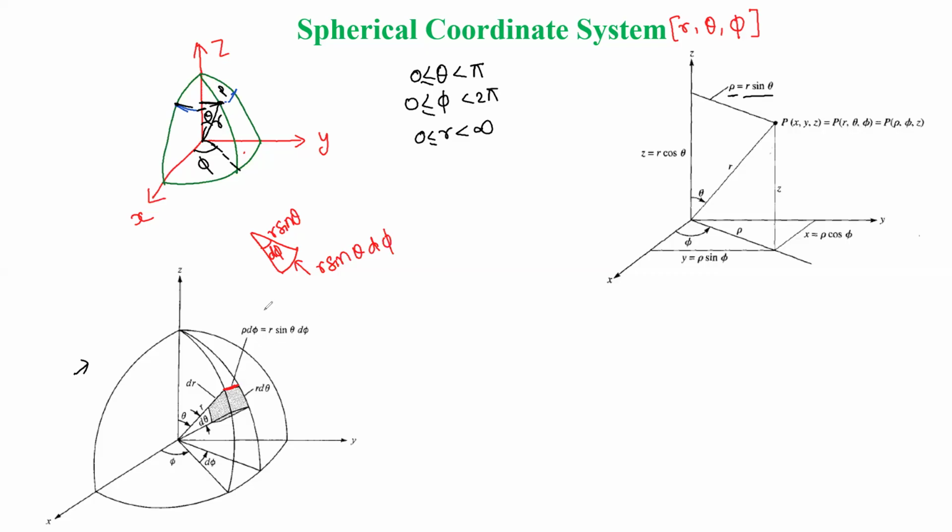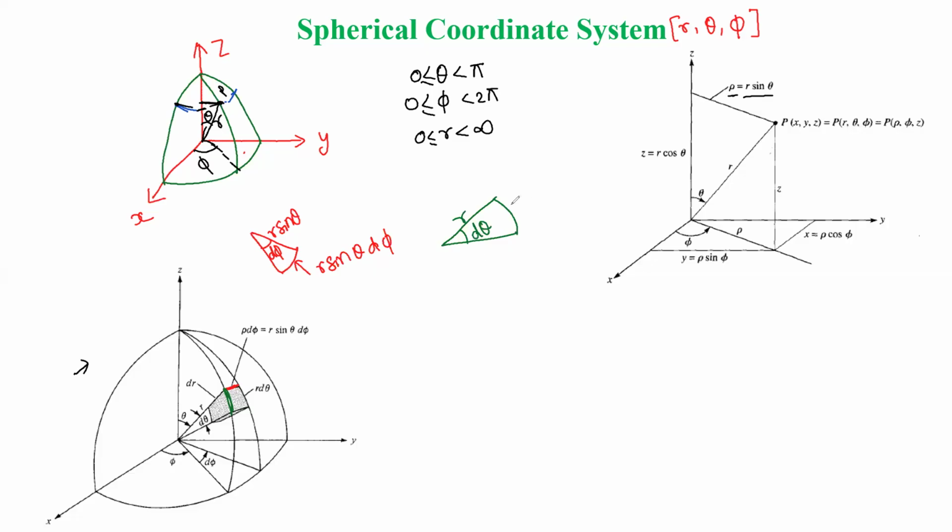Similarly, if you look at the length of this other curve, we can represent it in this format. Here this angle is d theta, and the radius is r.